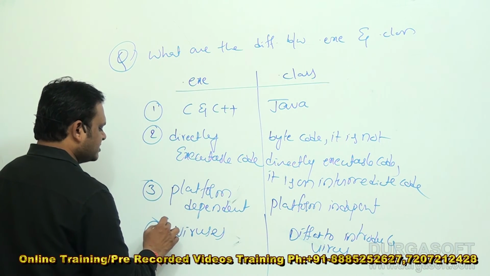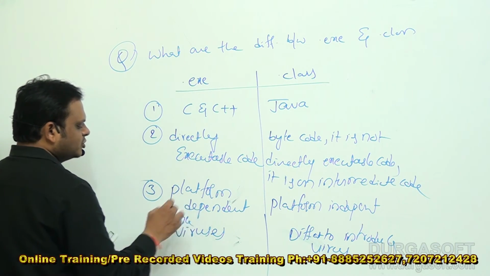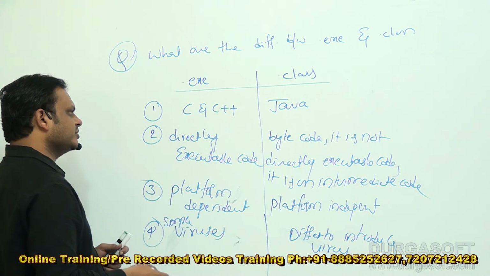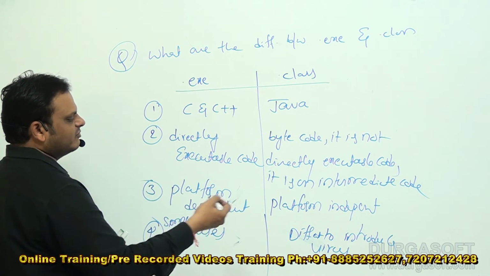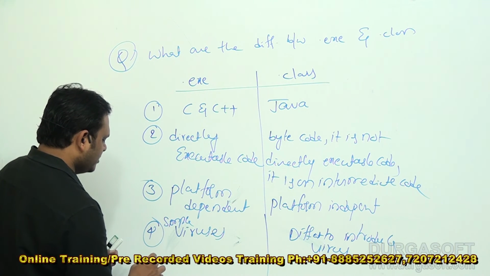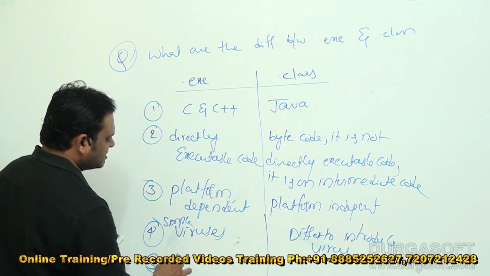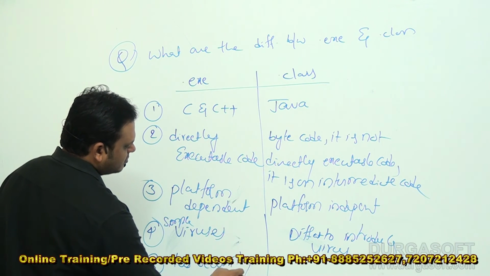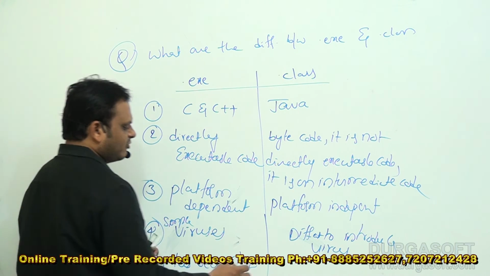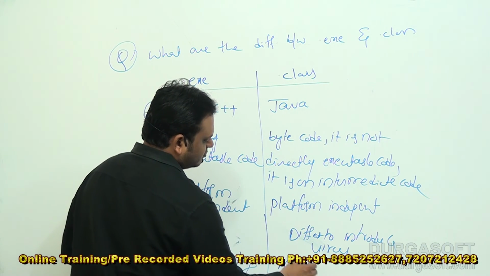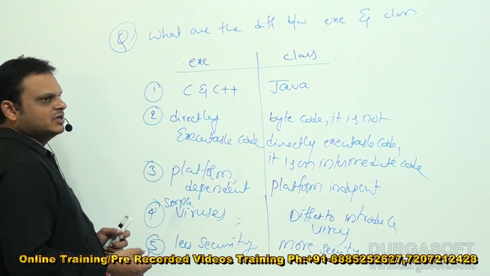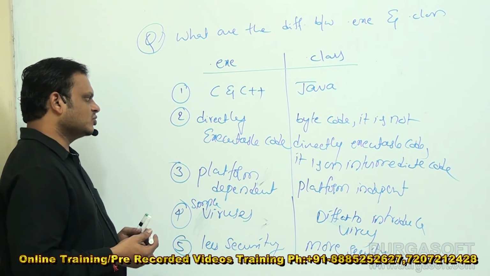But here it is very simple to introduce viruses inside .exe. It is very difficult to introduce or insert viruses there. Next one, the .exe file provides lesser security, but a .class file provides more security.